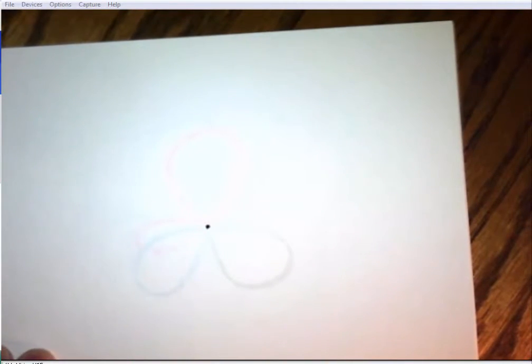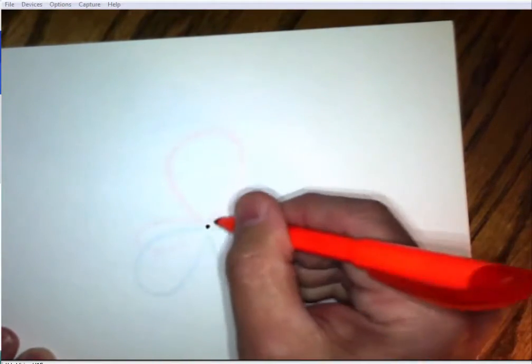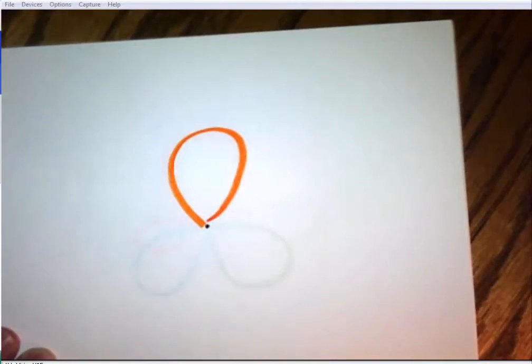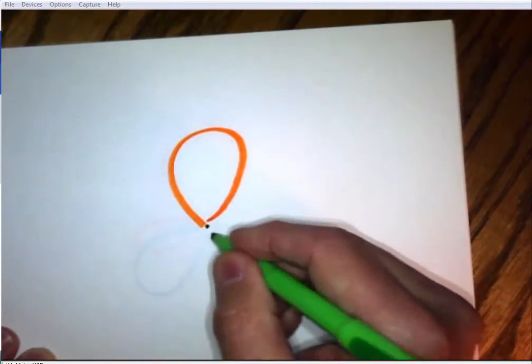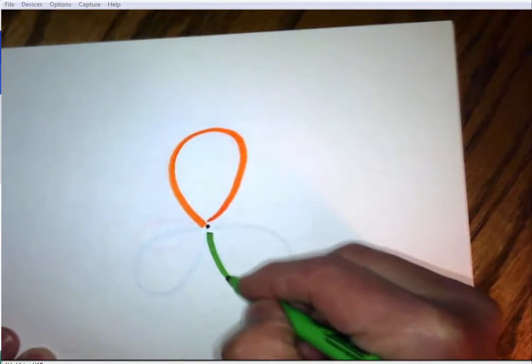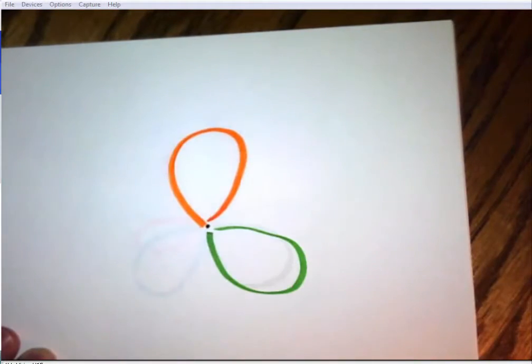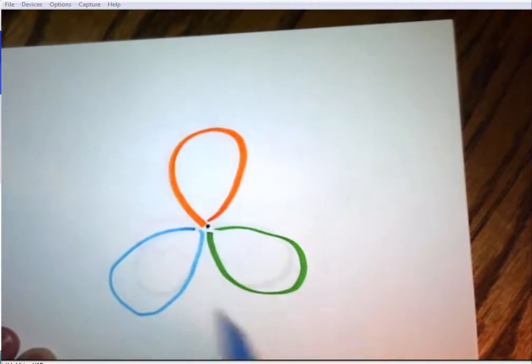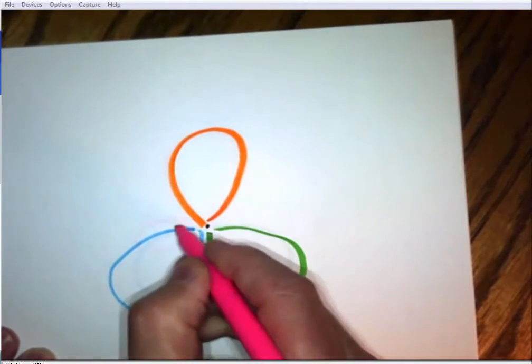Okay? So here's that hybridized orbital here. And here's a hybridized orbital here. Here's a hybridized orbital coming out toward you. And a hybridized orbital that's kind of back behind everything like this.